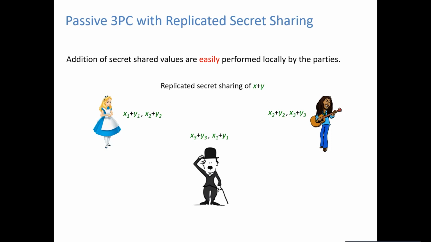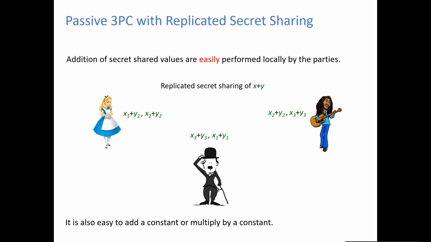They pick the shares of X and Y that have the same coordinates and just sum them, right? So addition in general is very easy to do. And as in the case of additive secret sharing, with replicated secret sharing you can also very easily do addition of a constant or multiplication by a constant.